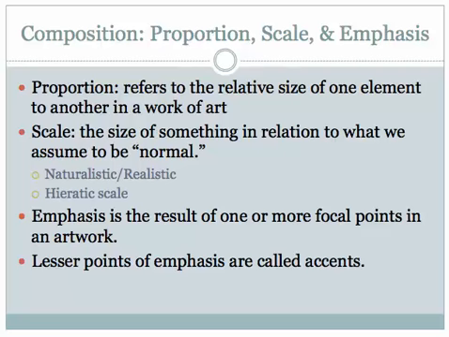If they're trying to be naturalistic or realistic, then you're going to look at the canvas and say, oh yeah, that person standing there is the same scale as the person standing next to them, and so we would say, okay, that's pretty natural. That's what we assume to see in the natural world.